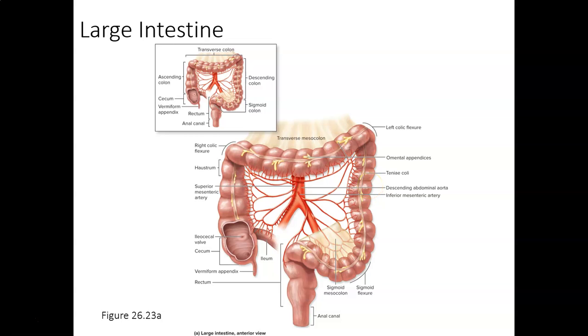The inner layer is the circular smooth muscle, and the outer layer is the longitudinal one. For the large intestine, actually, they do not have a continuous longitudinal smooth muscle layer. Instead, you only have those bands, in the form of cords, and they are called taenia coli. So it's almost like a string that the large intestine is attached to.